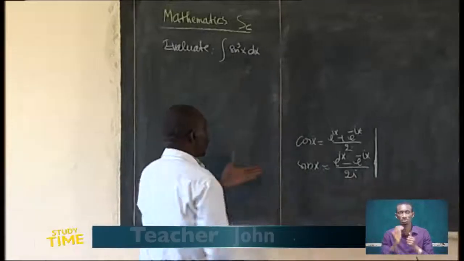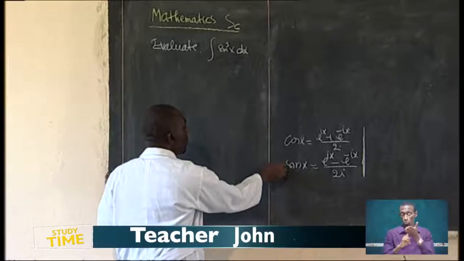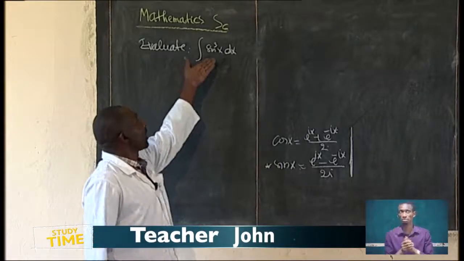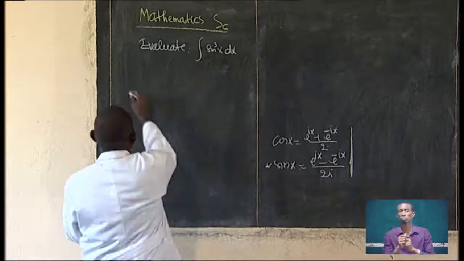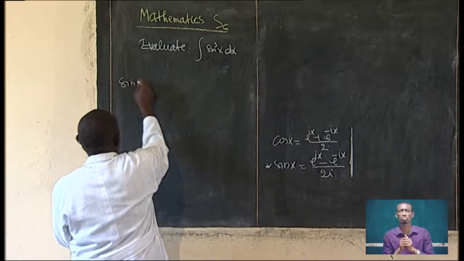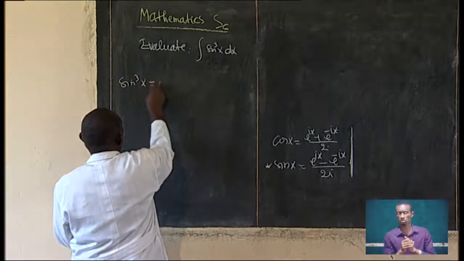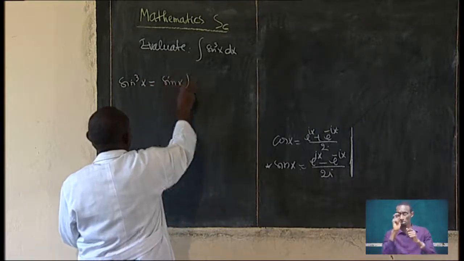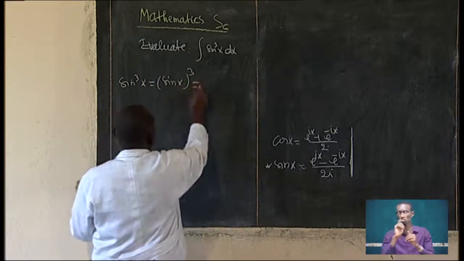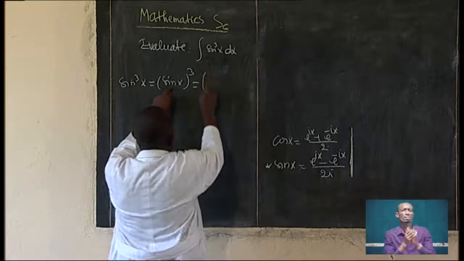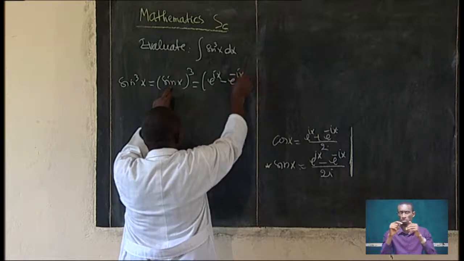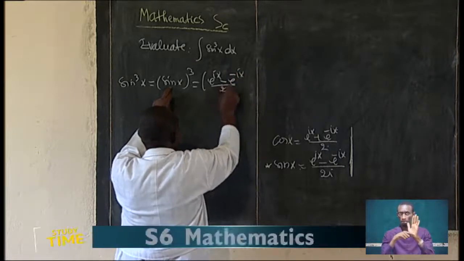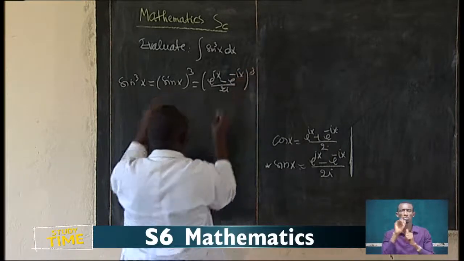So I'm going to use this second formula as we have the trigonometric function in sine. We know that sine cubed of x is equal to sine x power 3. It means you replace sine by e power ix minus e power minus ix divided by 2i, power 3.